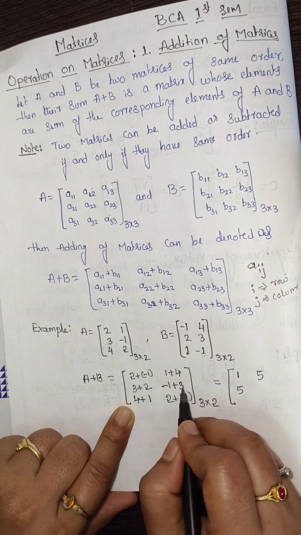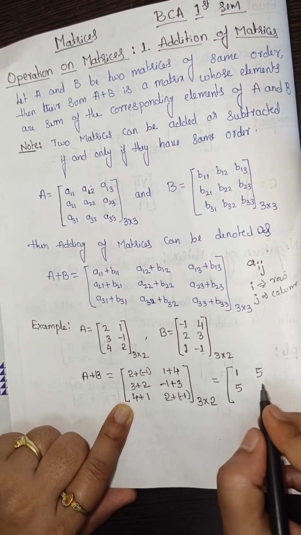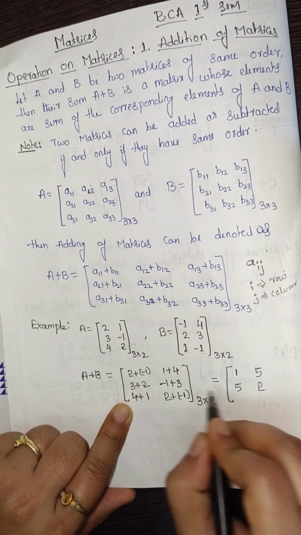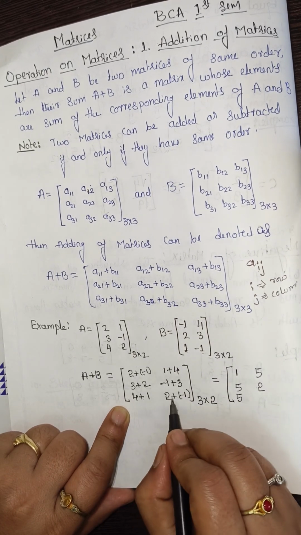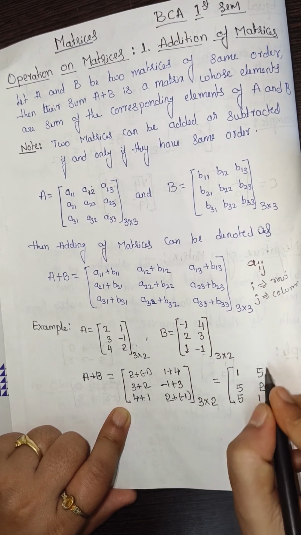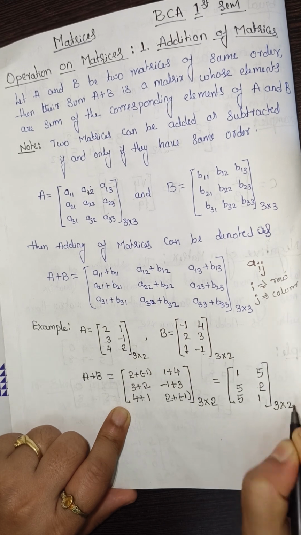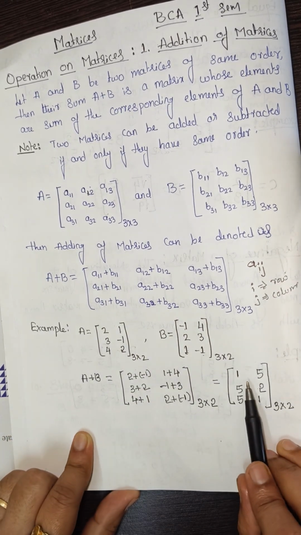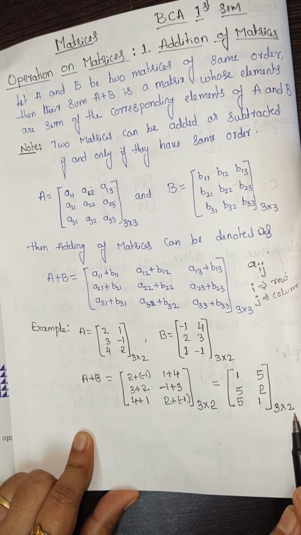Minus 1 plus 3: if they have opposite signs you need to subtract, and since 3 is greater, you take the plus sign, giving 2. 4 plus 1 is 5, and 2 plus of minus 1 is 2 minus 1, which is 1. So our A plus B has order 3 by 2.